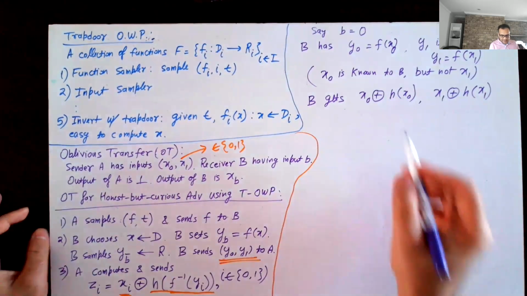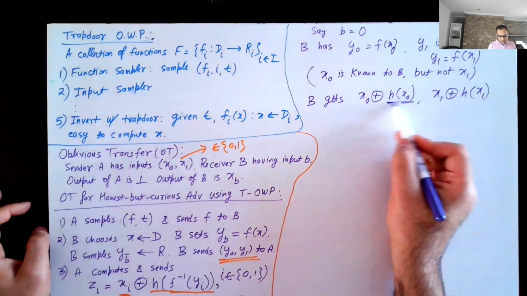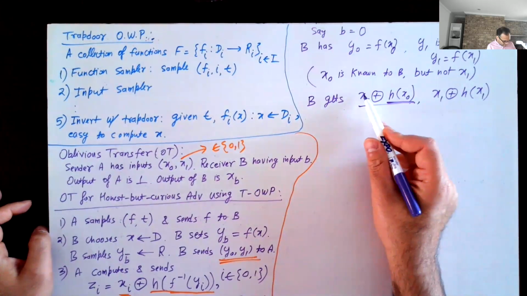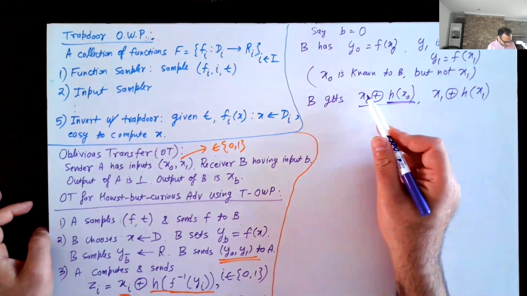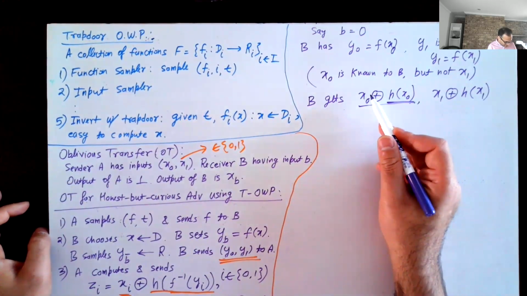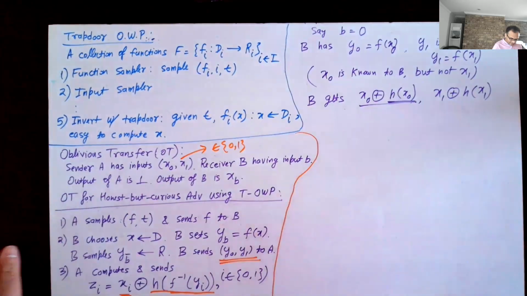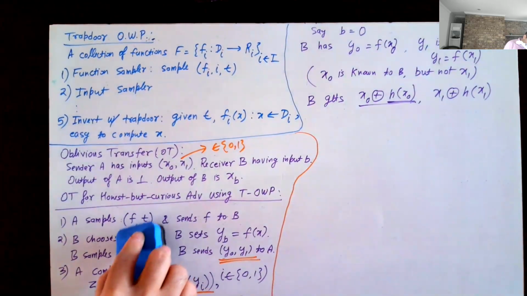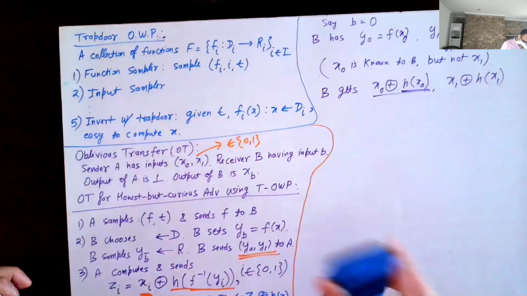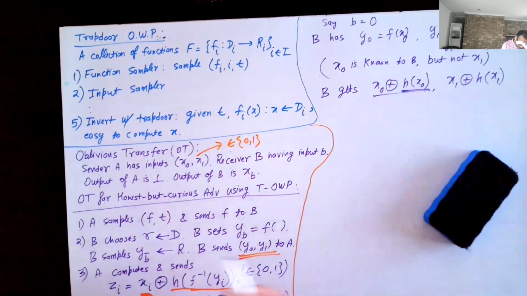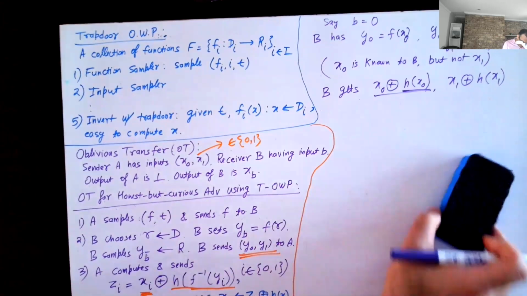So clearly B has x0, so B can compute this hardcore predicate and recover. Wait, am I overloading notation? Yeah, so I should not, x is the input, so I should call it something else. Let me call it r then. Well, here it's fine, but let me change to r anyway, everywhere.